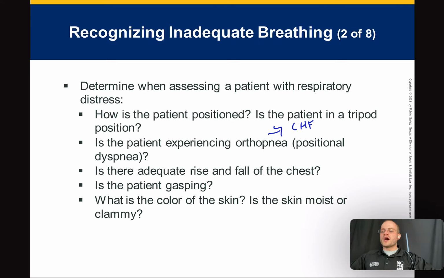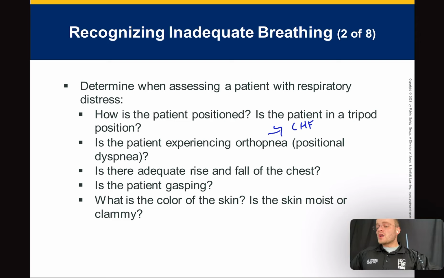Or are they just truly gasping for air? That could be called air hunger as well. So there are different forms of gasping, but be aware that gasping could be agonal respirations. Those are not effective respirations. It's a sign of death usually, when someone's dying, and then they could be gasping, sucking in air.